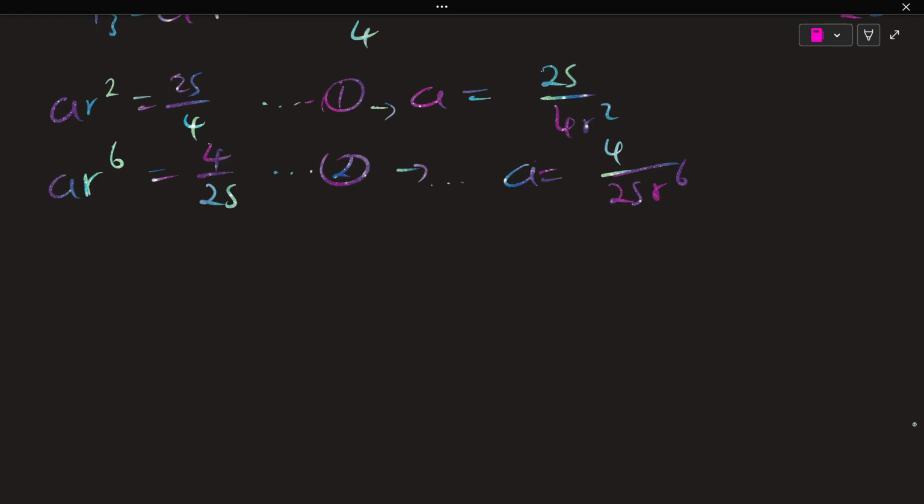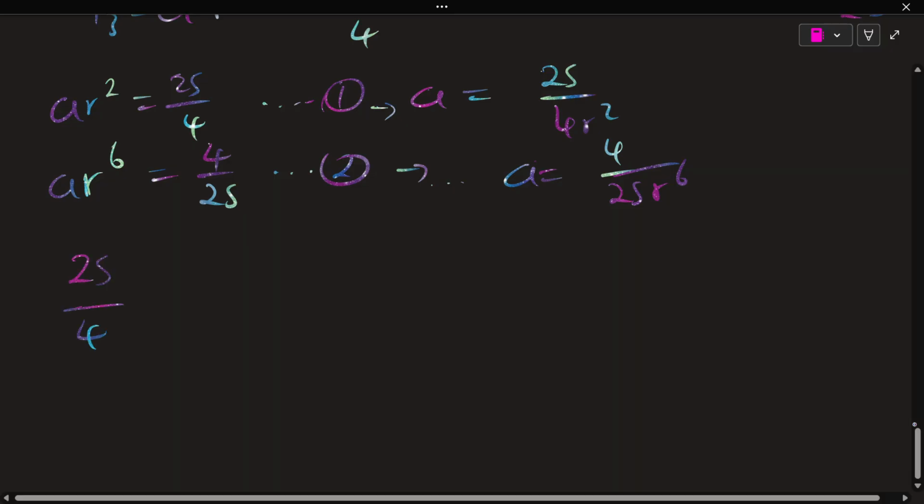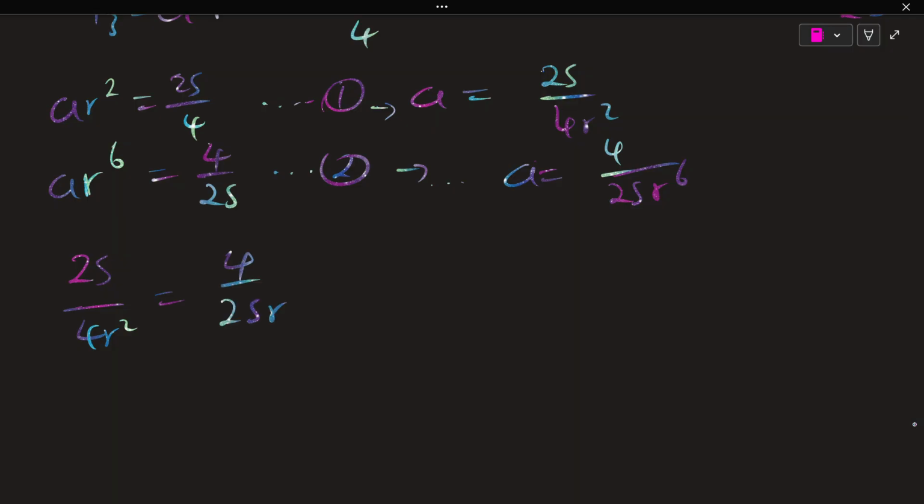We have equation 1 like that, and equation 2 like that. Now, since both are equal to a, it means that 25 over 4r squared is equal to 4 over 25 multiplied by r to the exponent 6.